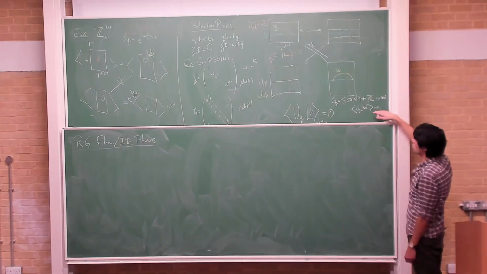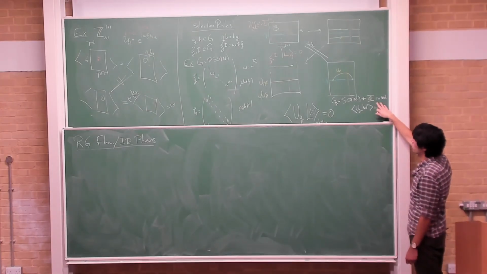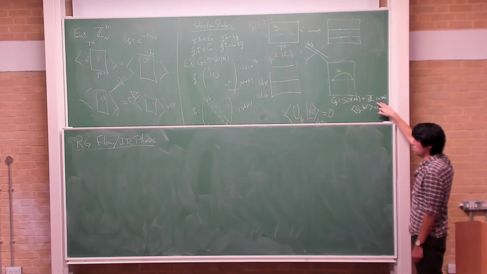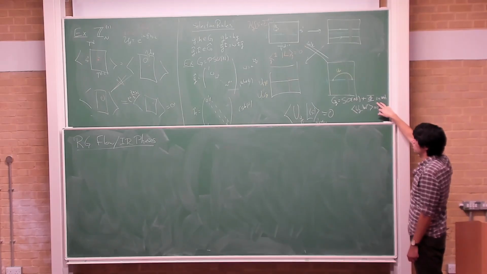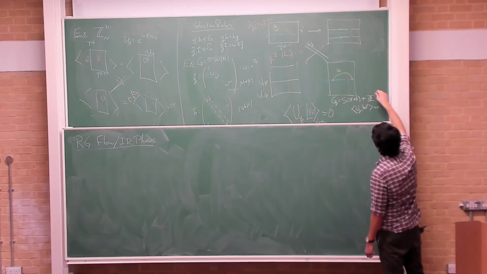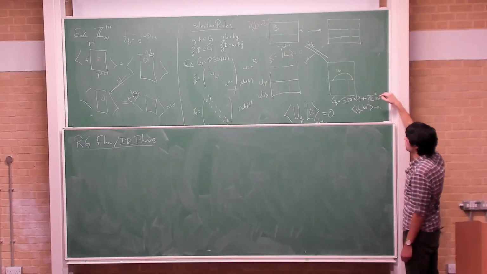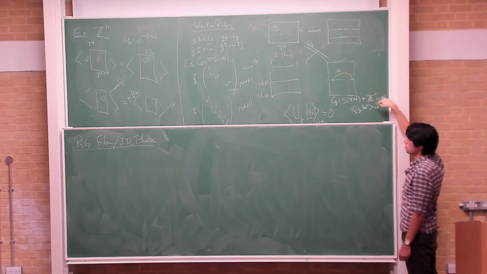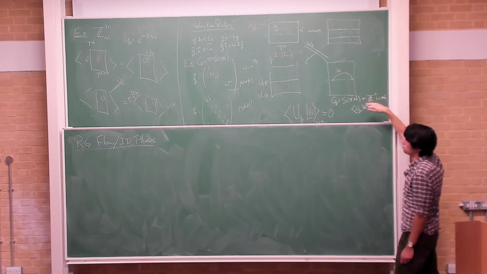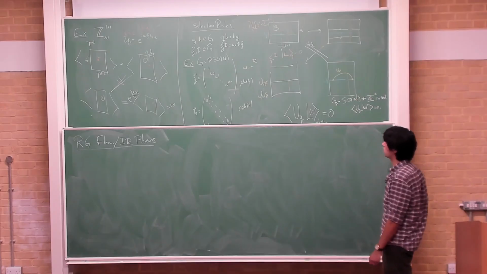And essentially what you can use here is the fact that this theory has a charge conjugation symmetry. This is a complex scalar field in the vector representation. So essentially this has an O(2) type symmetry that you can play the same game with.